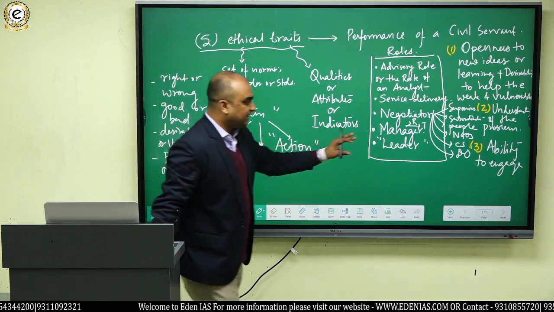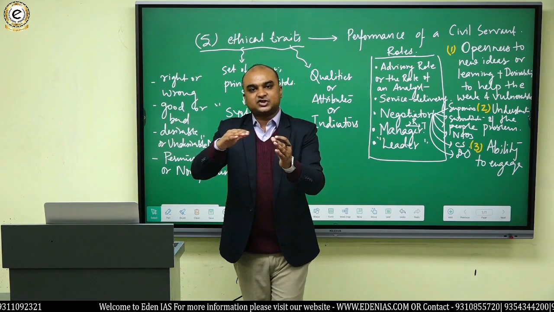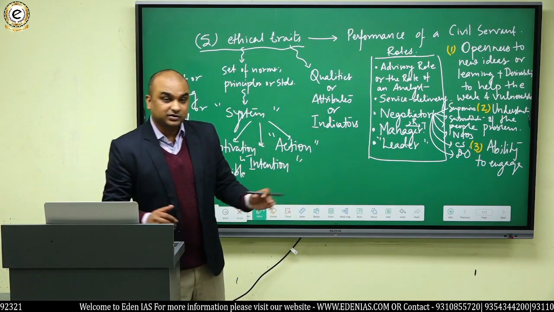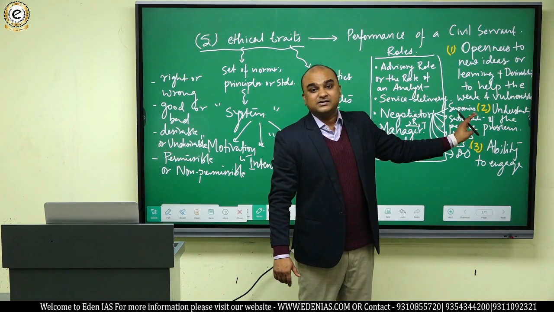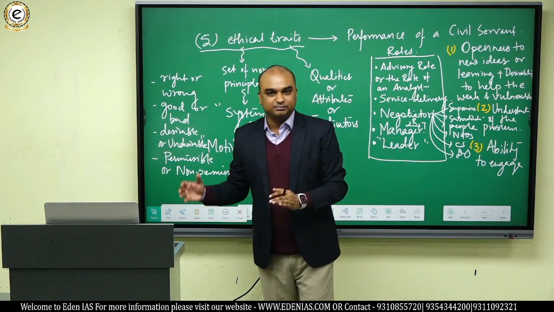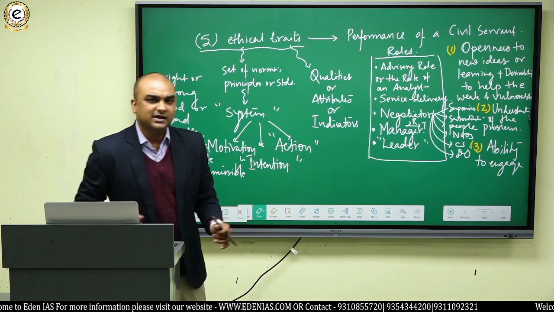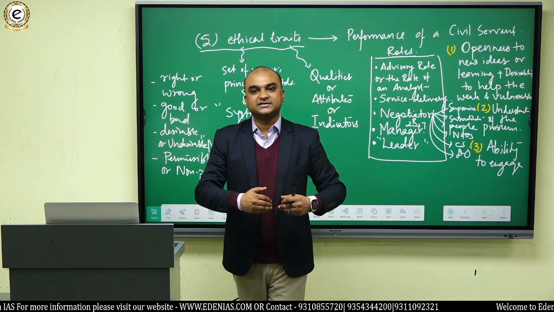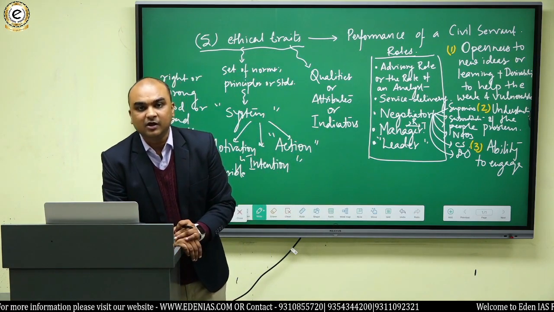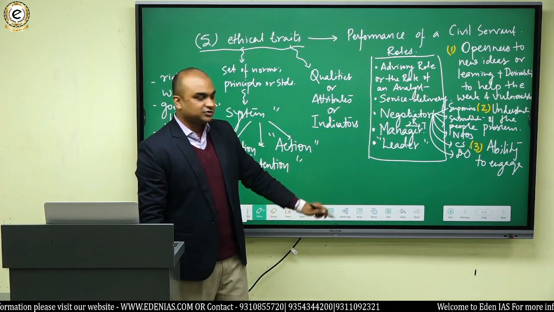Suppose a bridge is to be built for which some forest patch has to be cleared, but suppose the civil servant does not talk with the environmental activists or the tribal people who inhabit that forest, then you can understand that he may face some resistance while implementing the project, the bridge project in this context. Do you understand that?